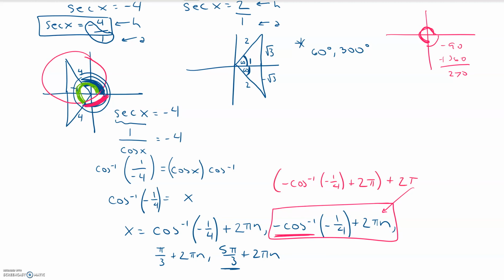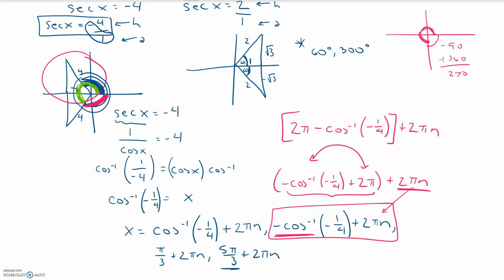And then they would spin in full circles. And this right here with the plus 360 is a positive angle, and they spin in full circles off of it. And then again, to make things a little more interesting, sometimes they switch it just so it reads more like subtraction. 2 pi minus cosine inverse of -1/4 plus 2 pi n.